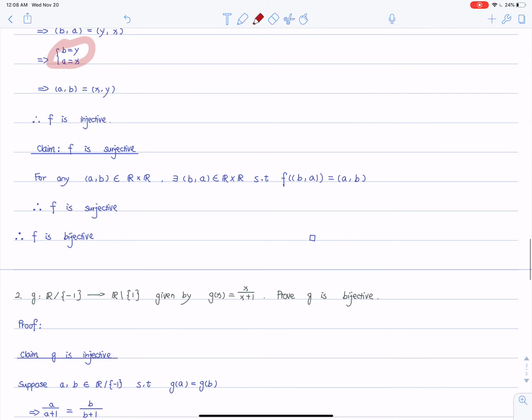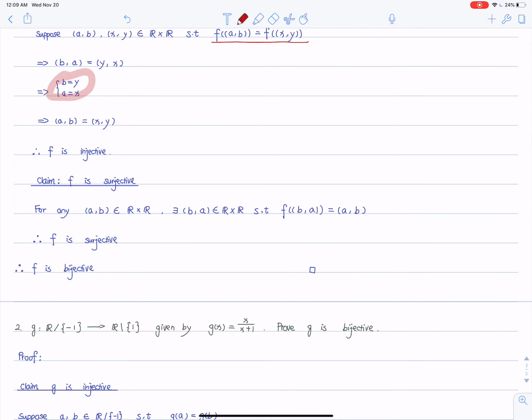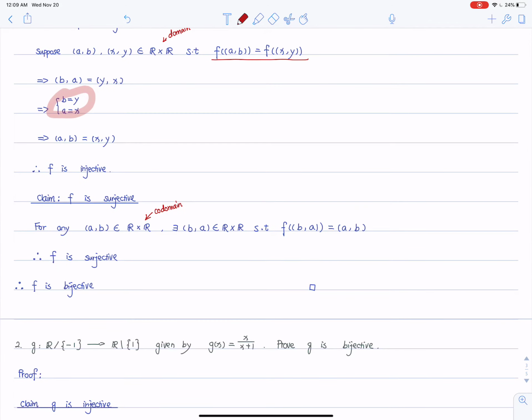So here, for any (a, b) in R times R, which is the codomain, there exists (b, a) in the domain such that f of (b, a) equals (a, b).